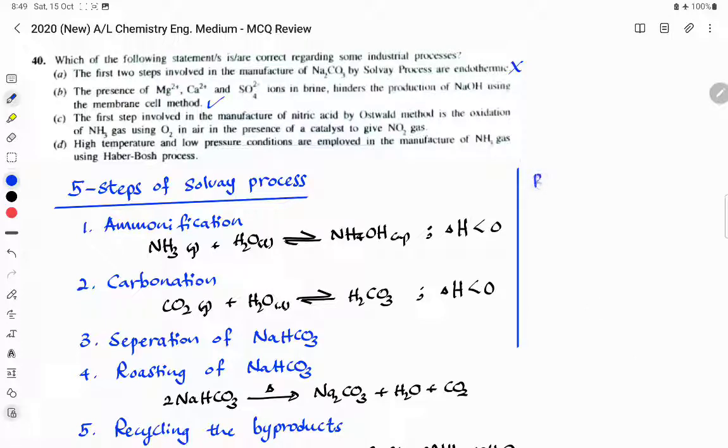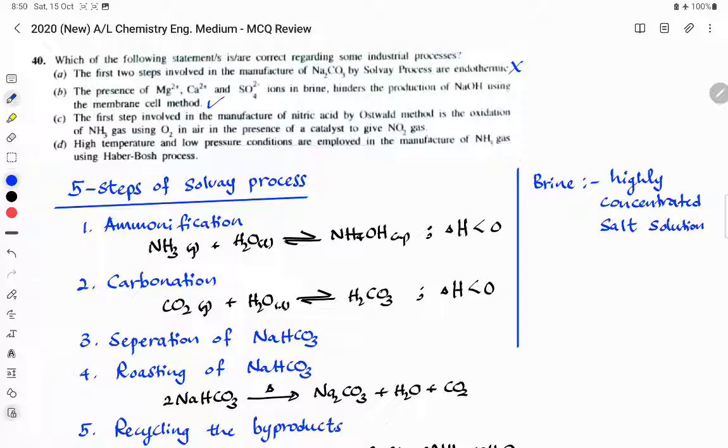Now a brine solution is a concentrated solution of salts, highly concentrated salt solutions are called brine solutions. So it can be sodium chloride, calcium chloride, magnesium chloride likewise.